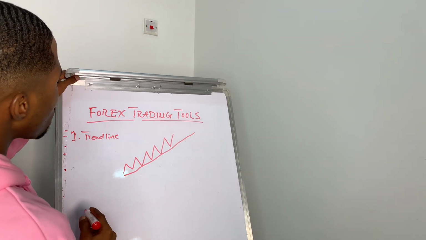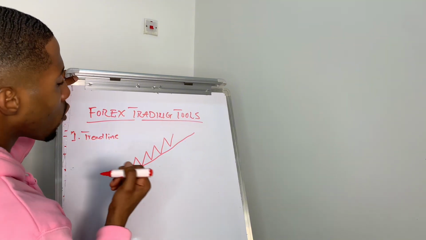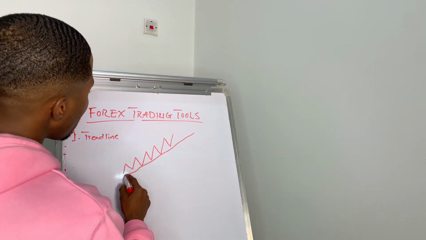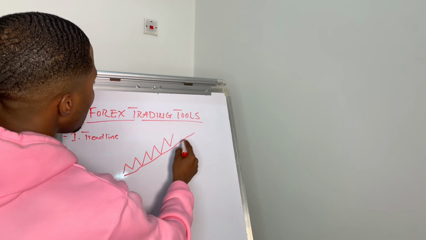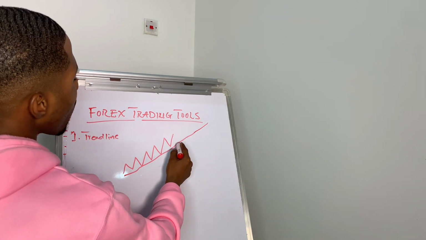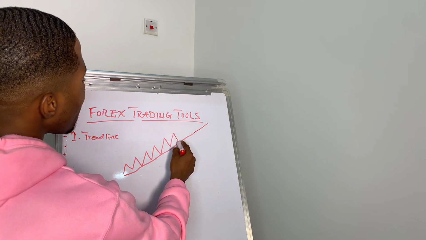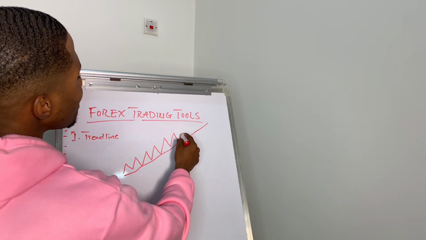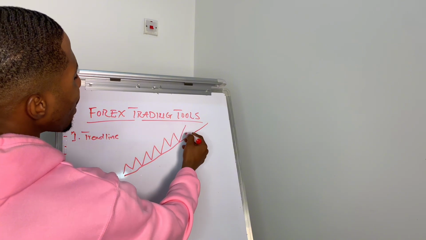It follows it up. When I confirm my trend and I put my trend line here, it extends and the market keeps making higher highs. So at this point, when the market comes here, I'll be expecting to buy because of the trend line confirmation.